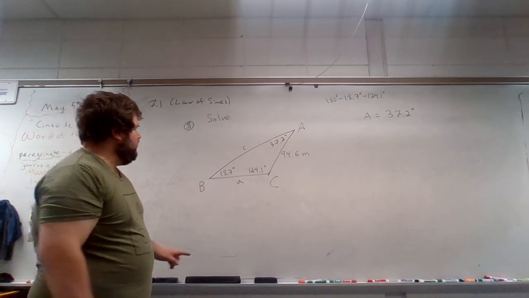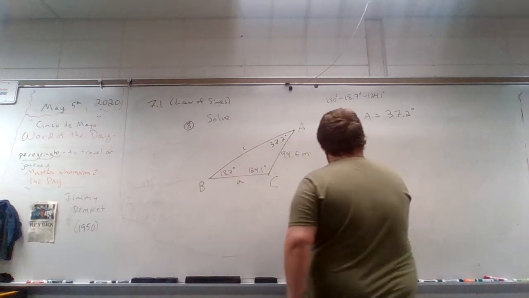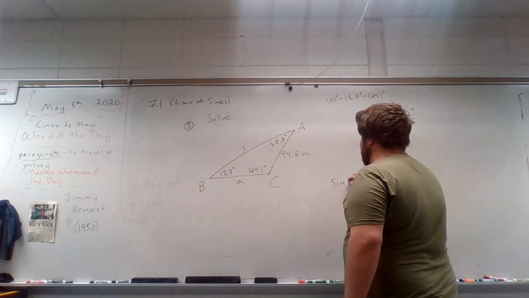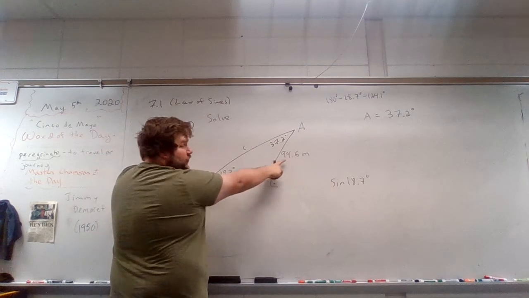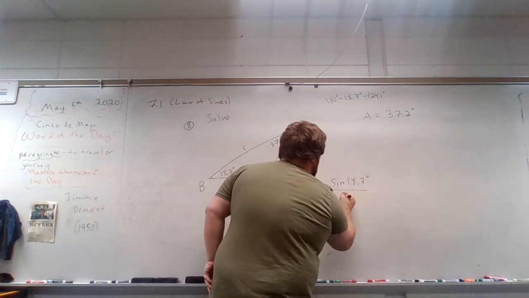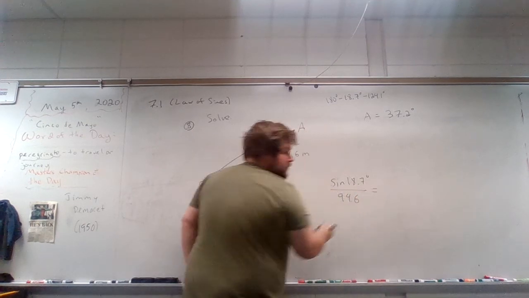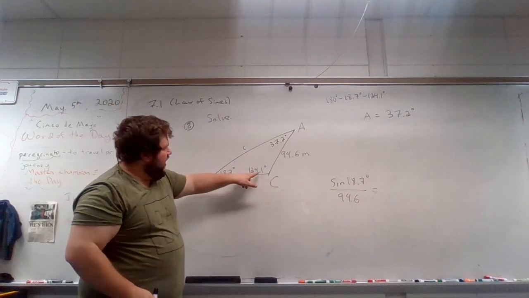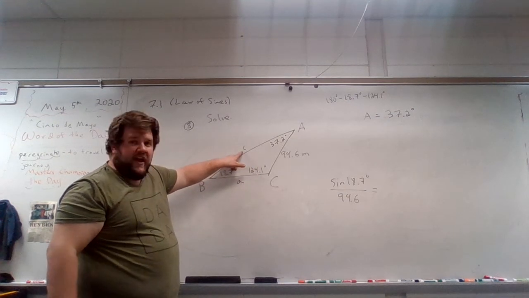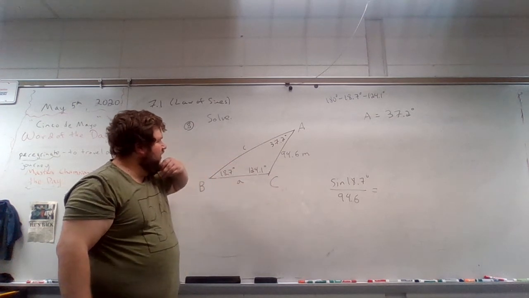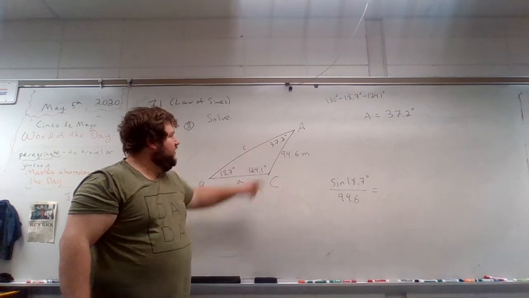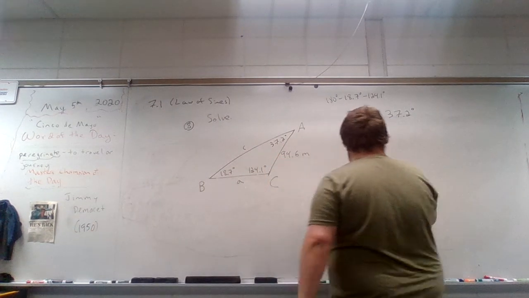Okay, so let's try to find, say, little a. To find little a, I could do the sine of 18.7 degrees over the 94.6, so over its opposite side. And then I could either use sine of 124.1 over c, but that's going to have a variable in it that I don't have, so I could use that to find c first. But I said we're going to find little a first, so I'll use sine of 37.2 over little a.